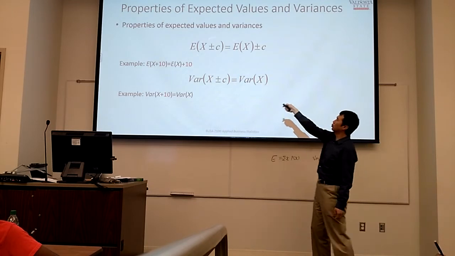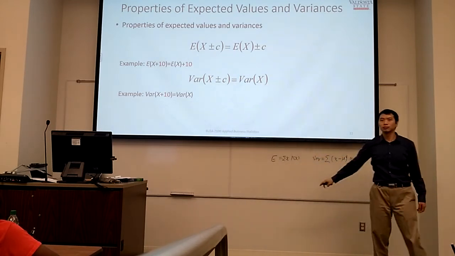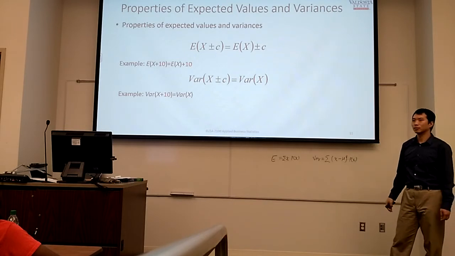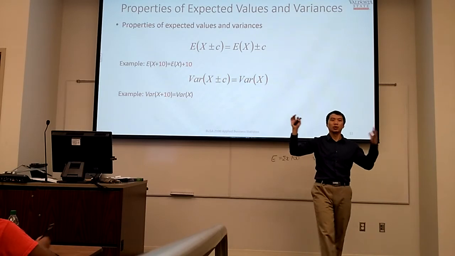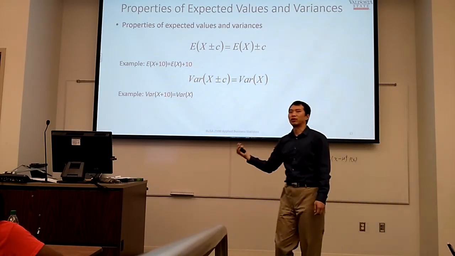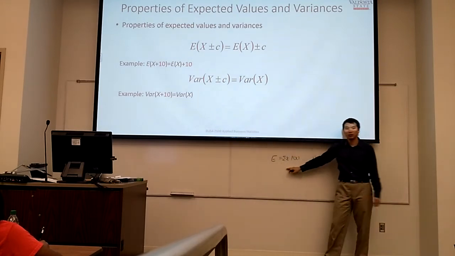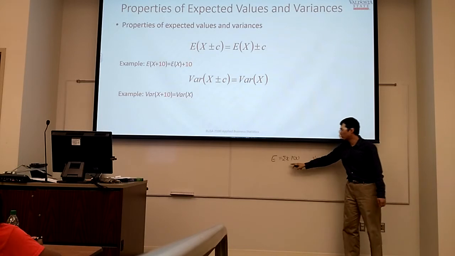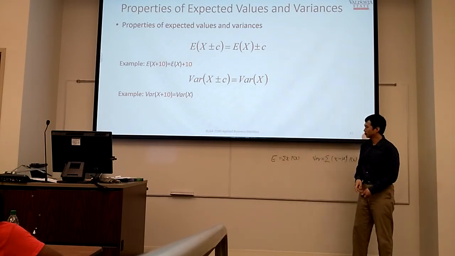So how do we know this is true, given this one? If we can remember that, okay, we can implement that. But if we go one step further, we need to know why this is true. Okay. So this is our original expression for expected value. Okay.